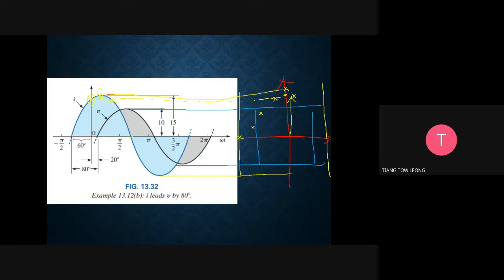When I say this point, it becomes here. This is a phasor diagram. We call it a phasor diagram.